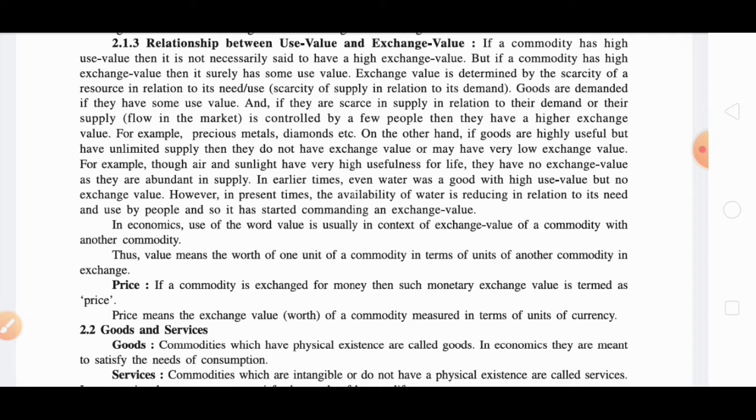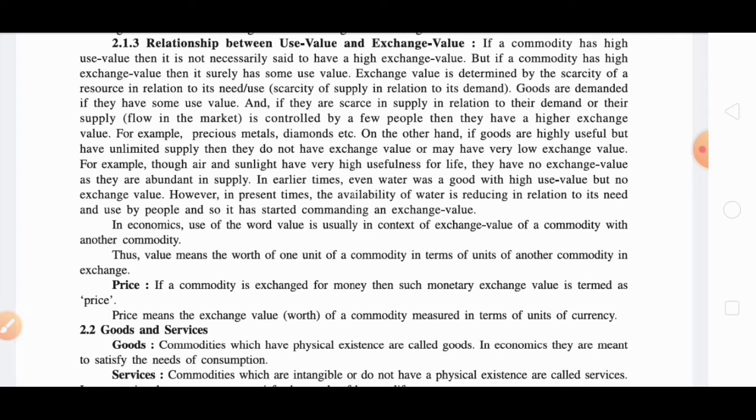Thus, value means the worth of one unit of a commodity in terms of a unit of another commodity in exchange.